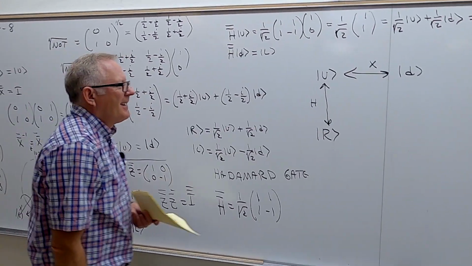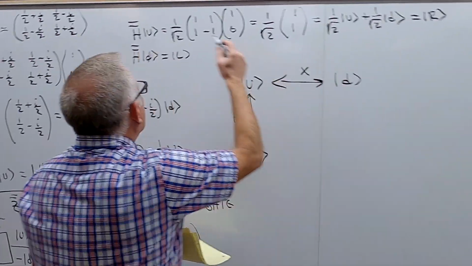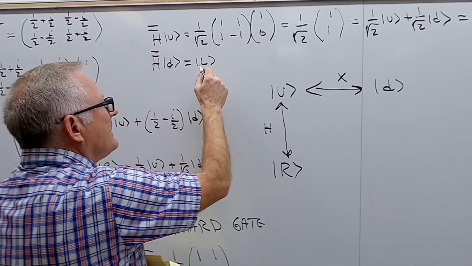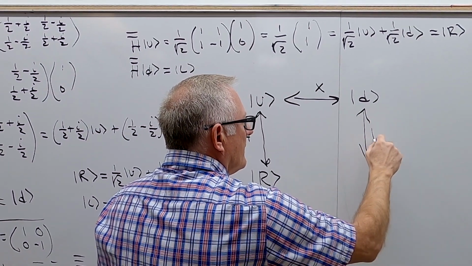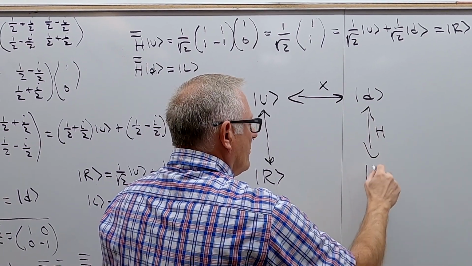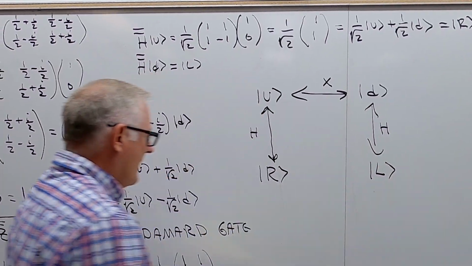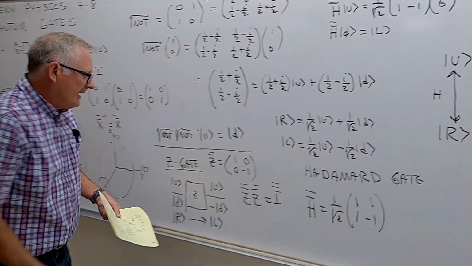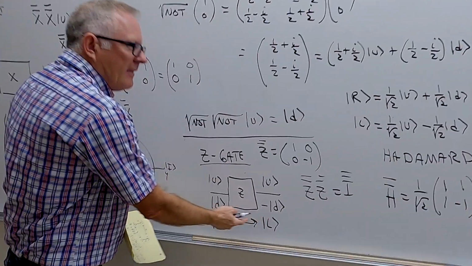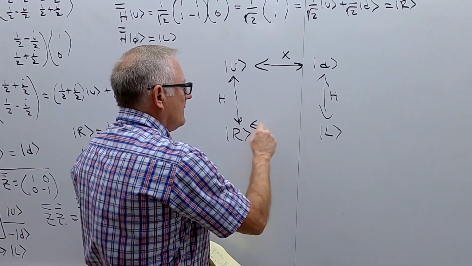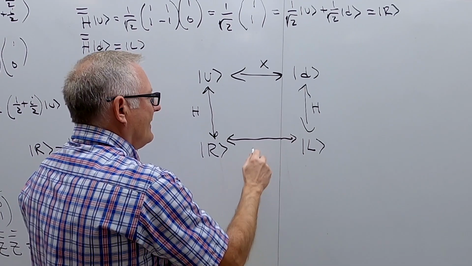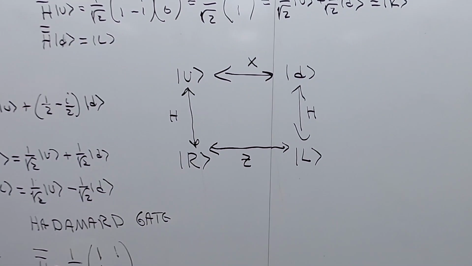Or if I had a down and I applied the H gate, it would turn me into a left. And this Z gate turned rights into lefts and lefts into rights. So this is the Z gate right here.